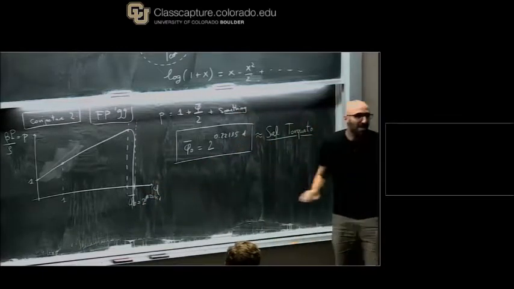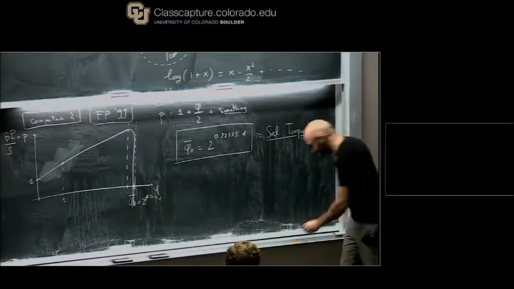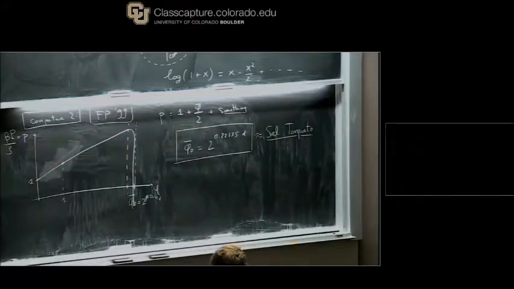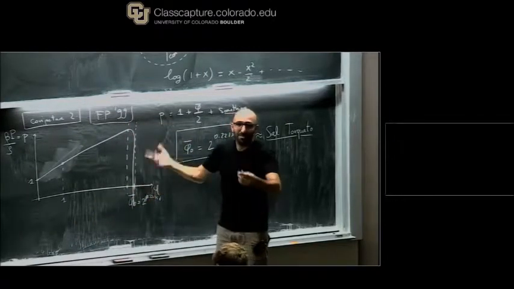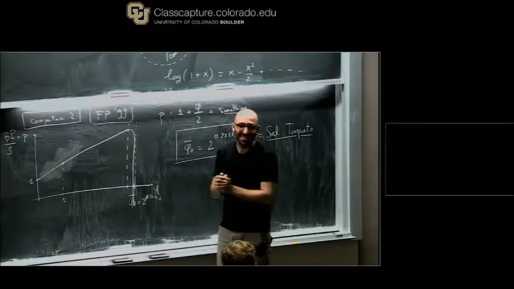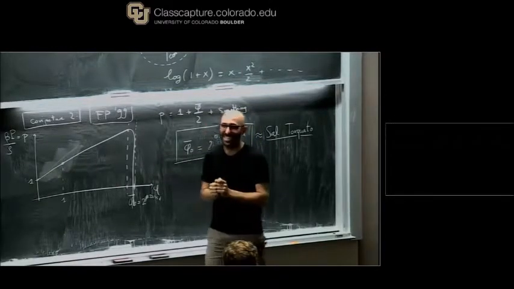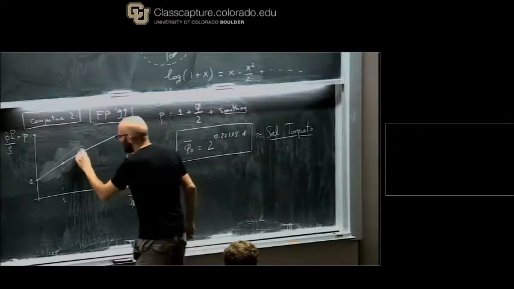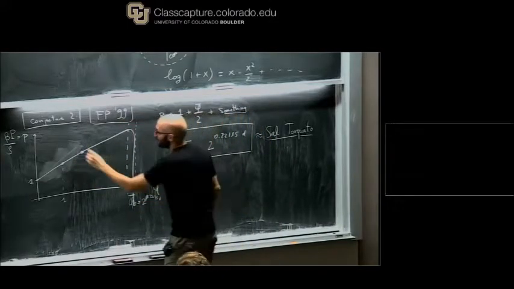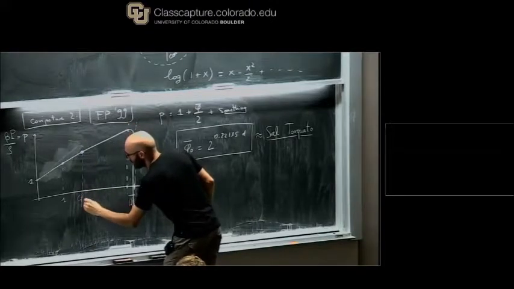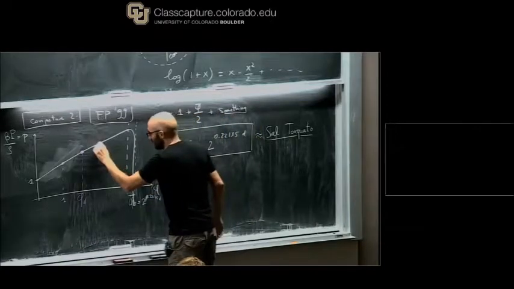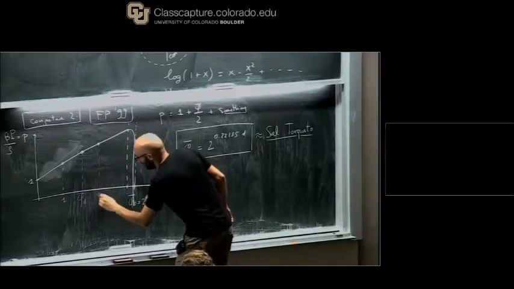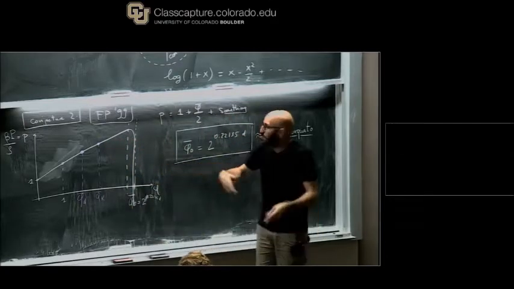Actually, now what I want to say today, which is my point of view, is that all this discussion is not really important, because much before you reach this point, what happens to a liquid when it's dense? A glass transition. So there will be some dynamical transition much before you reach this point. There will be a Kauzmann transition. And this means that above the Kauzmann point, the liquid does not exist anymore.